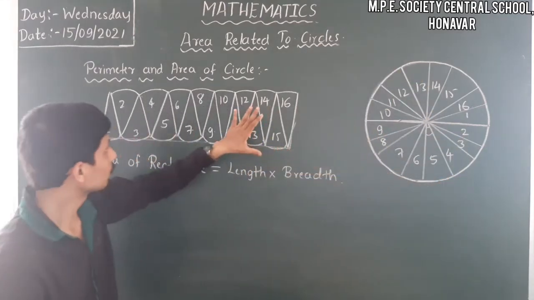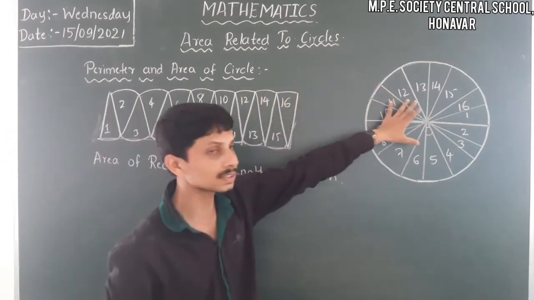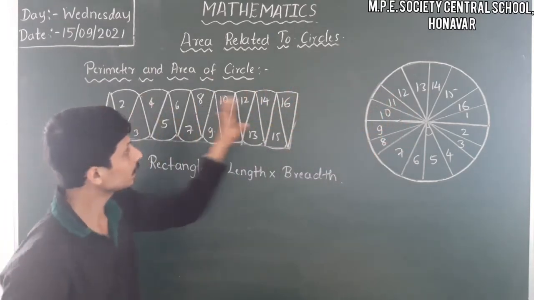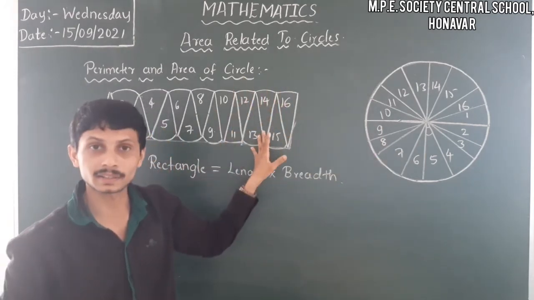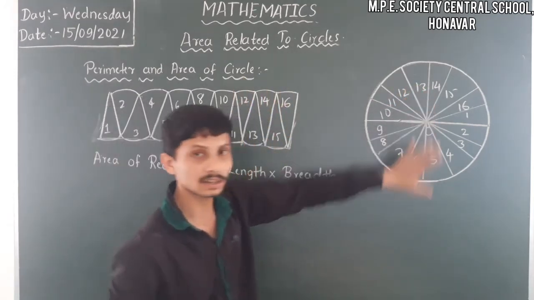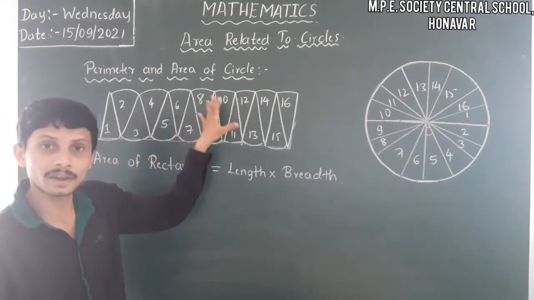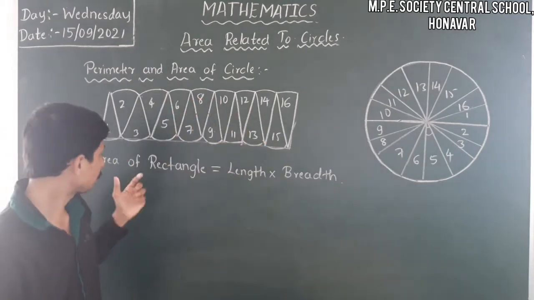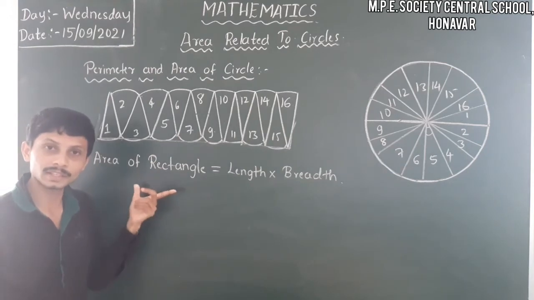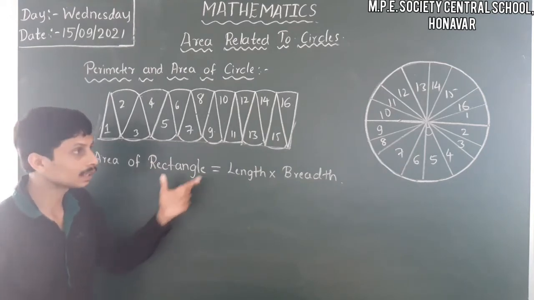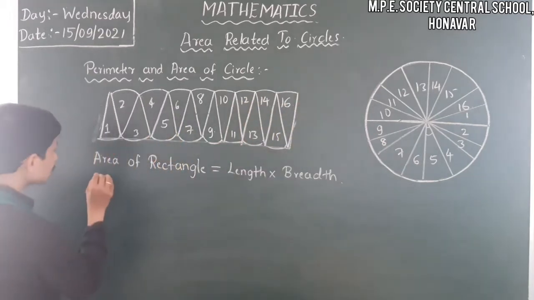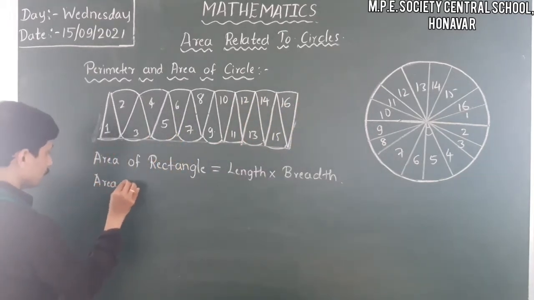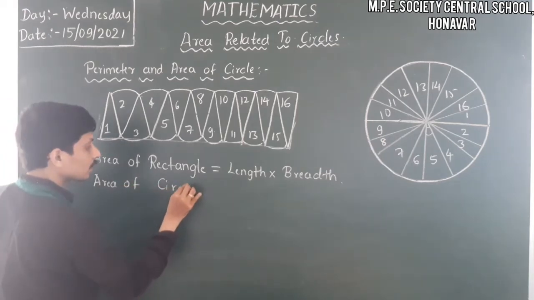The same parts we took here, we arranged one after the other and we got the rectangle. That's why whatever space we have here, the same space we have here as well. So whatever area of the rectangle you are writing here is nothing but the area of this rectangle or the area of this circle as well. So we can change this into the area of the circle as well.